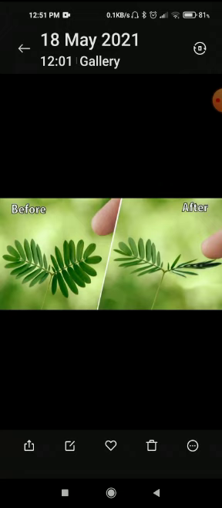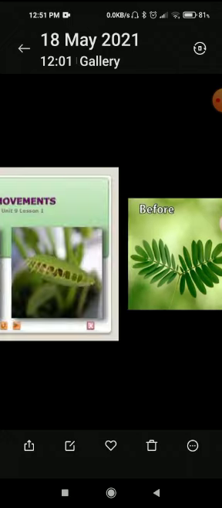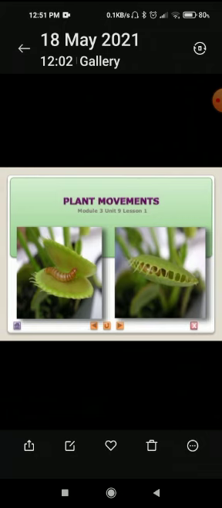Now the plants only move by swinging in the air. Like if we see, this is the plant, and the plant is moving and opening its leaves. Closing and opening of leaves is their movement. This movement of the plant shows how the plant is capturing its food.